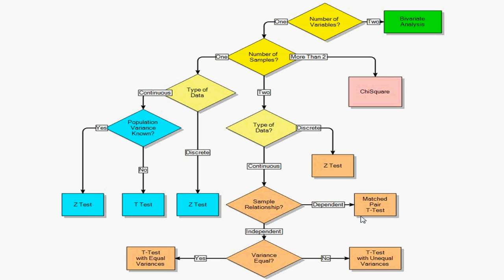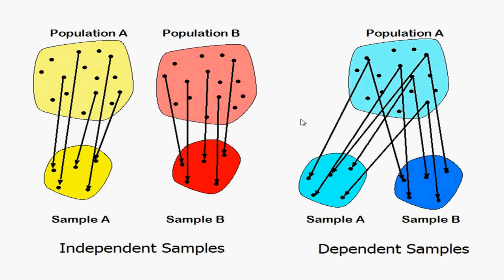Now, the question you may have, and I haven't answered, is how do I know if I have a dependent or an independent? Well, this graphic should help make that clear. If the 2 samples come from different populations, in other words, sample A comes from population A, sample B comes from population B, they're considered to be independent.